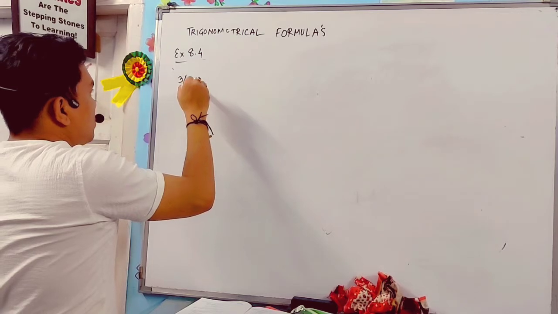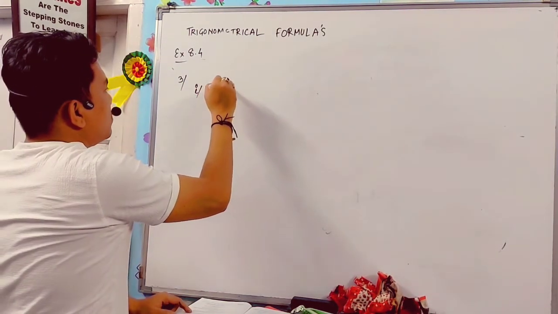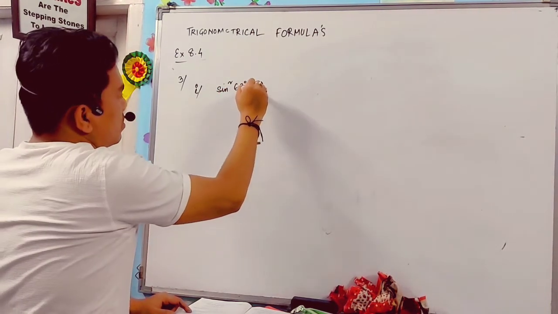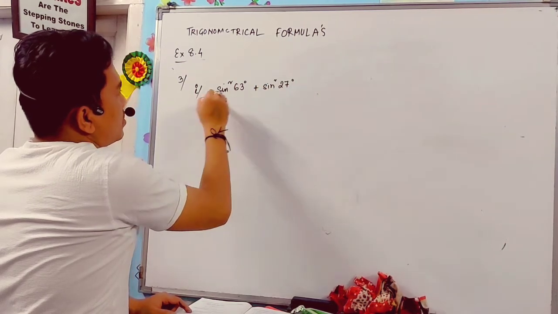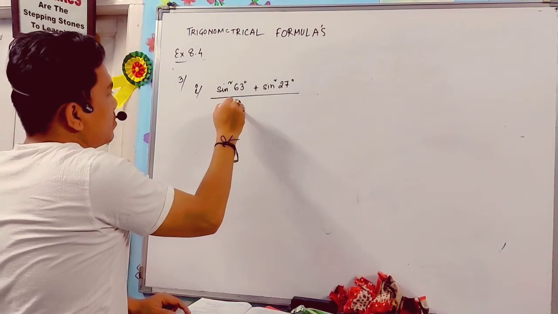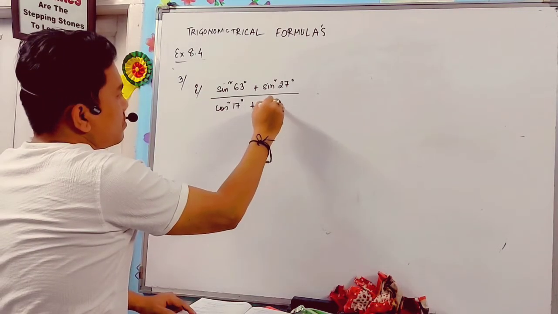Number 1: sin square 63 plus sin square 27 is equal to cos square 17 plus cos square 73 degree.